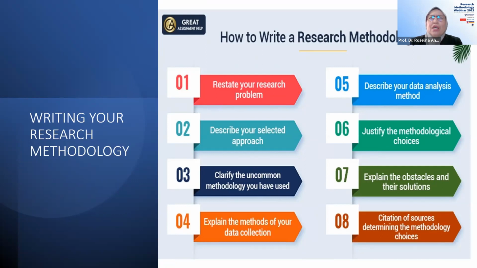For example, a triangulation method is very uncommon. Normally people will embark on either quantitative or qualitative, and suddenly you want to use a mixed method. So whether doing a PhD or DBA, you just need to justify why you are interested to use this design.